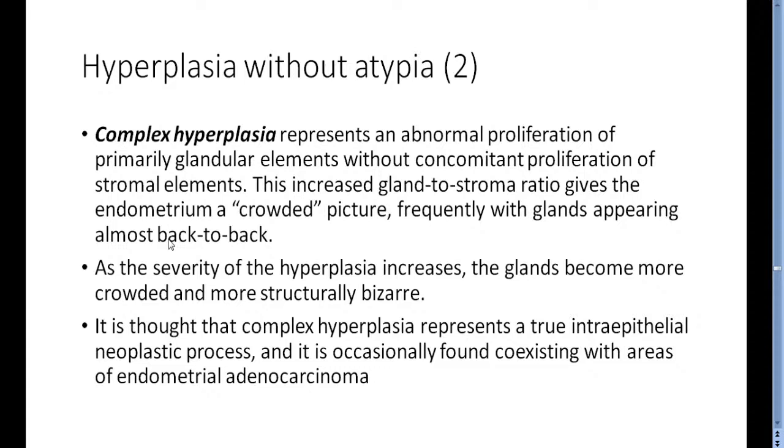It is thought that complex hyperplasia represents a true intraepithelial neoplastic process, and it's occasionally found coexisting with areas of endometrial adenocarcinoma.